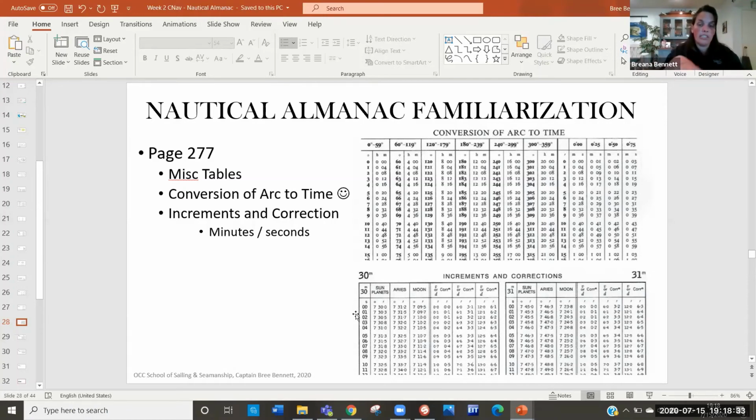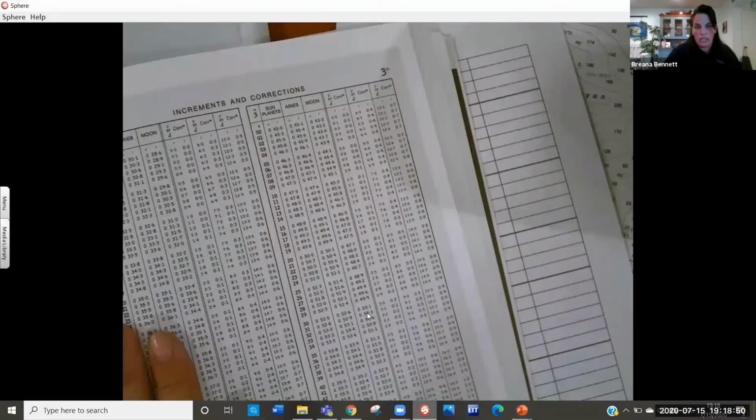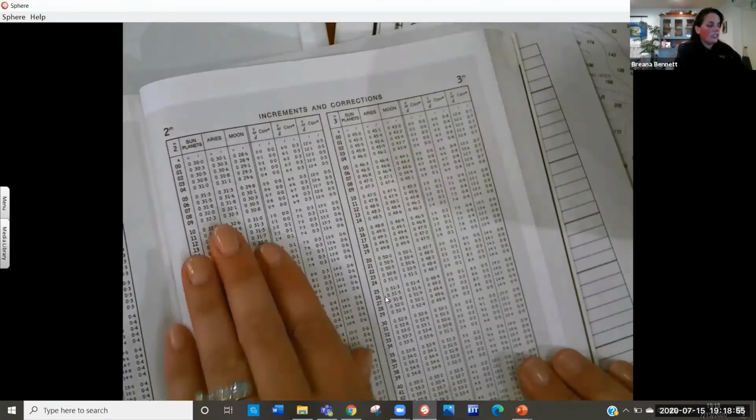So we go to these increments and corrections. I like to call them minutes and seconds pages, but they're increments and correction pages. So each page has 2 minutes.